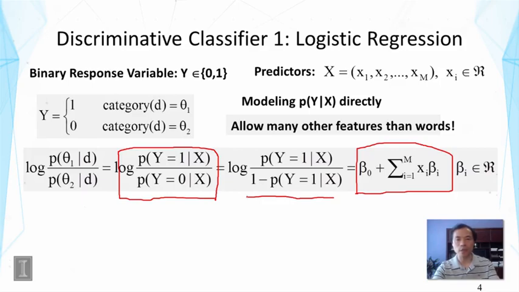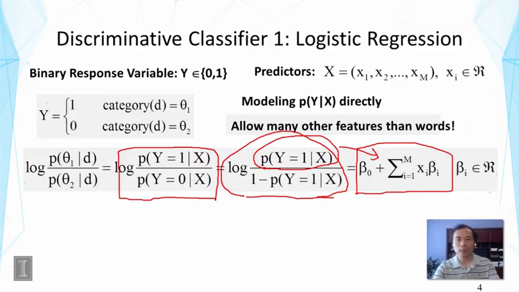So this is a log odds ratio here. And so in logistic regression, we basically assume that the probability of y equals 1 given x is dependent on this linear combination of all these features. So it's just one of the many possible ways of assuming the dependency. But this particular form has been quite useful, and it also has some nice properties.